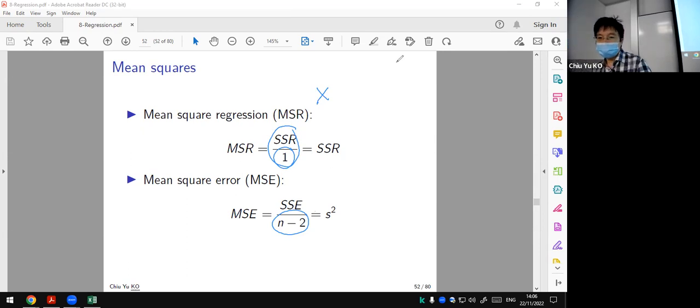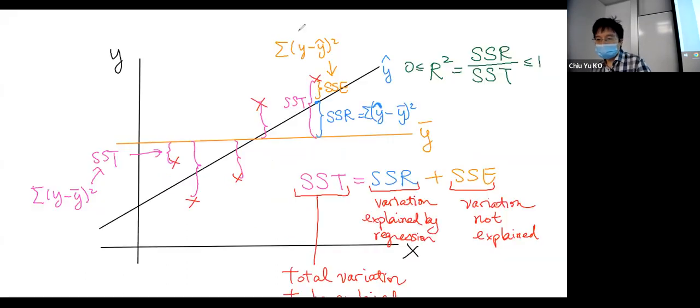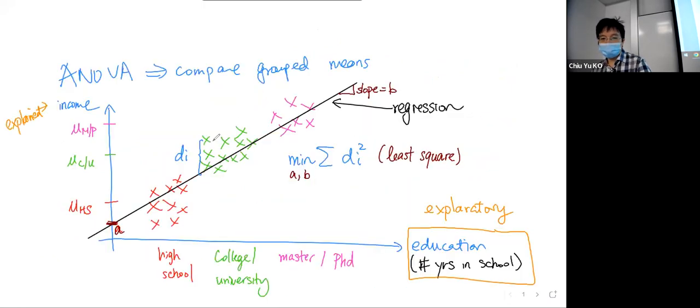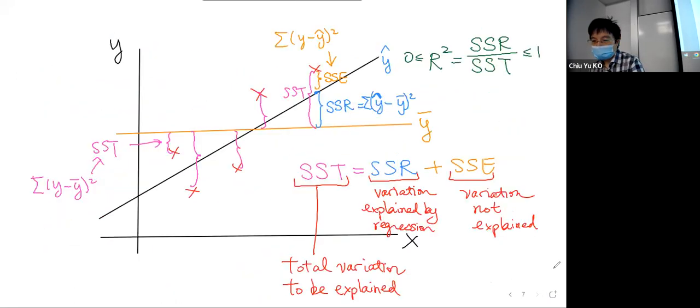Because remember, at the beginning, we drew the similarity between ANOVA and regression, right? Here we are using the groups in ANOVA, but in our case, we are just talking about whether the grouping is with X or without X, right?